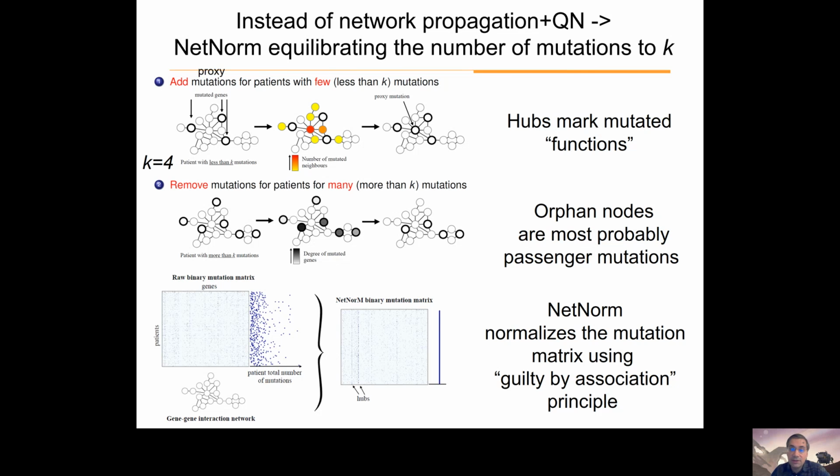So in other words, this network-based normalization normalizes the mutation matrix using the so-called guilty by association principle.